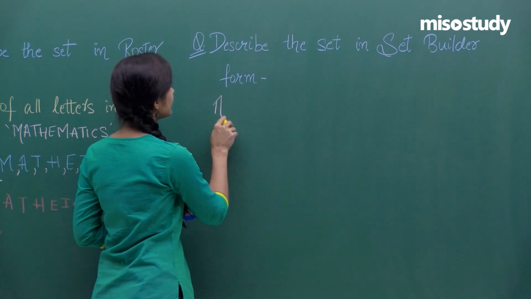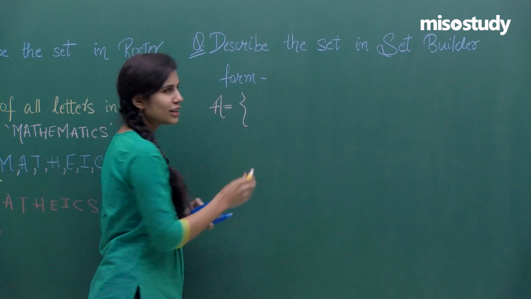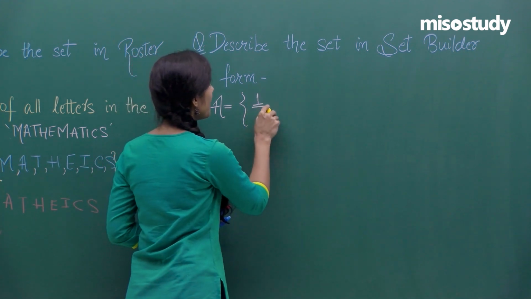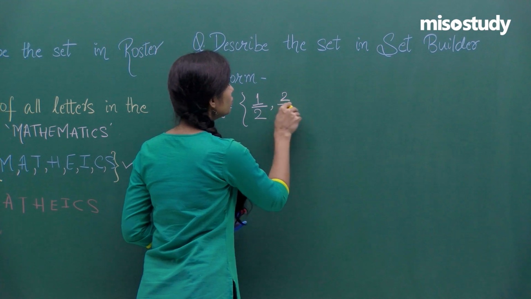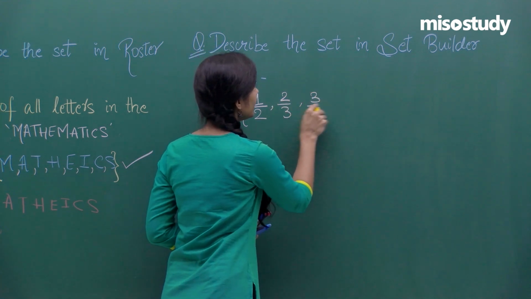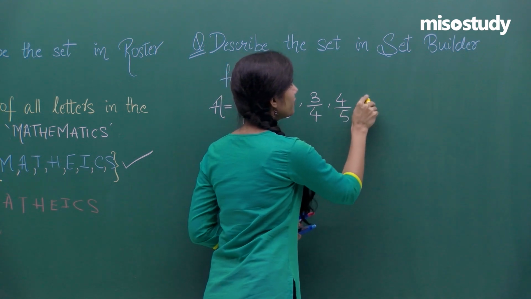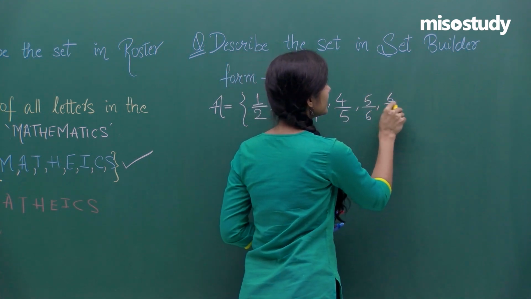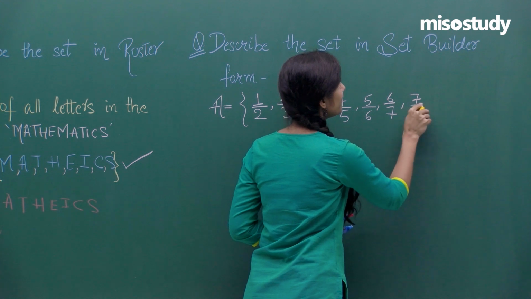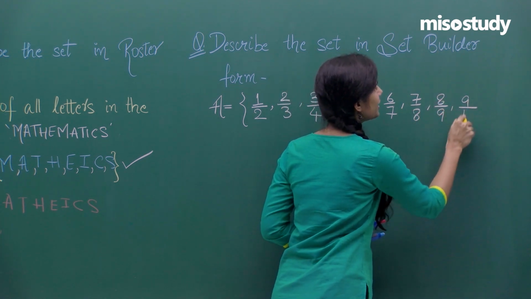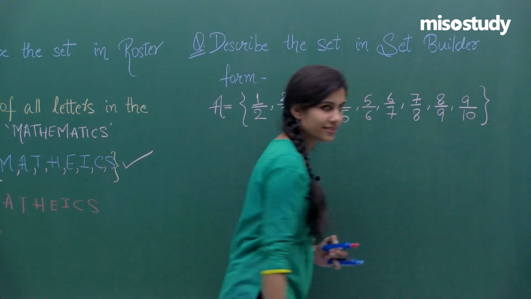My set is A. Now look at this very interesting set. It is 1 by 2, 2 by 3, 3 by 4, 4 by 5, 5 by 6, 6 by 7, 7 by 8, 8 by 9 and 9 by 10.